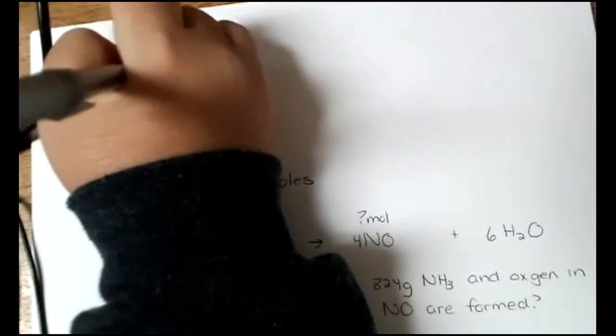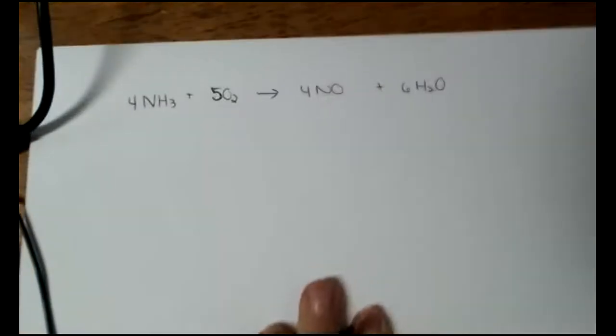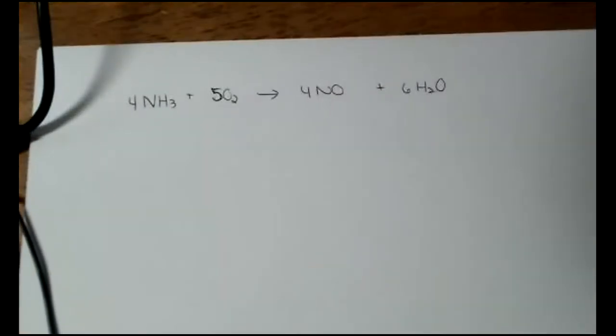I'm going to write it down so I have a little more room again. 4NH3 plus 5O2 yields 4NO plus 6H2O. So same reaction, but we're going to work another problem with it.